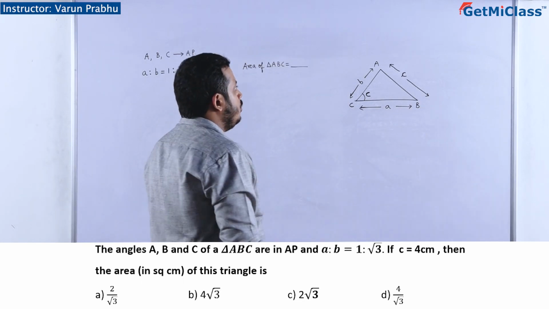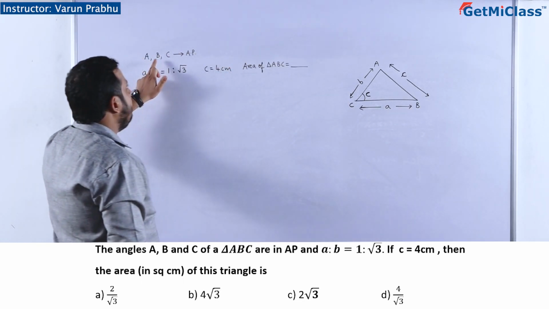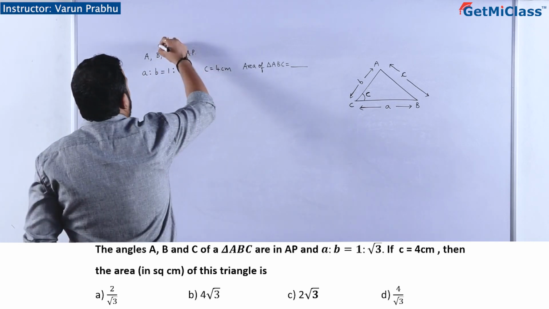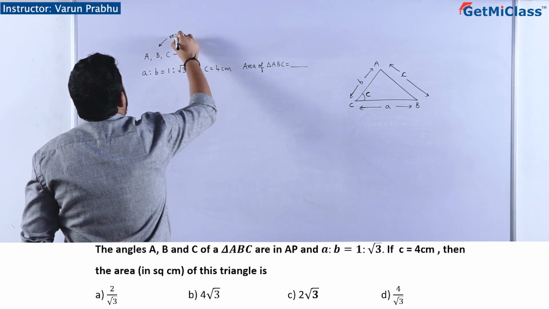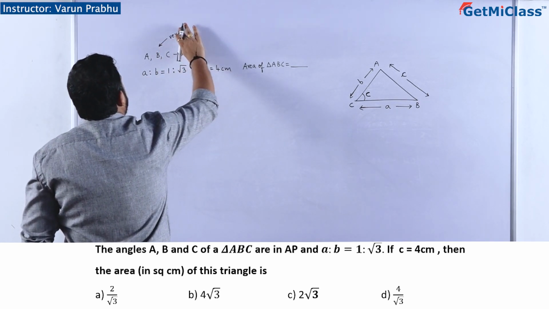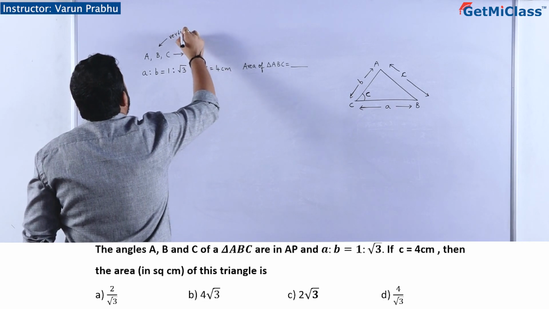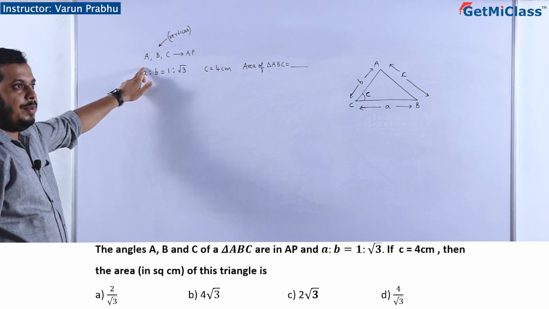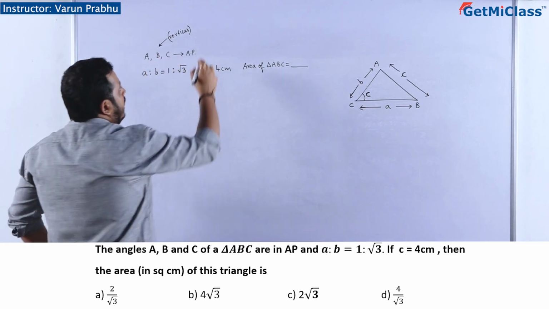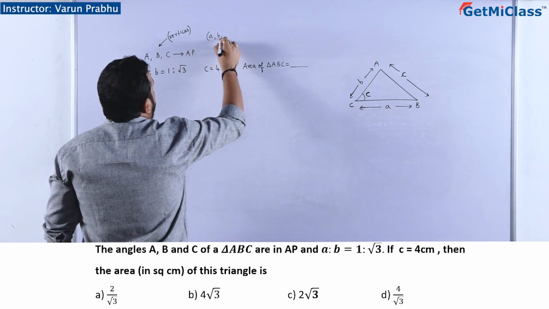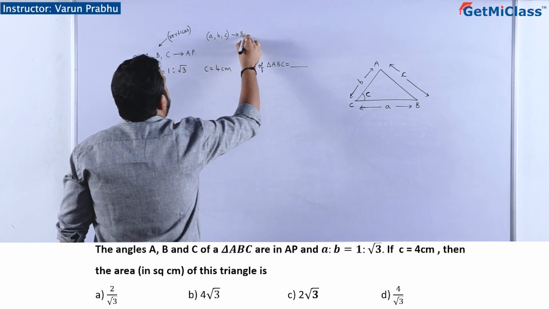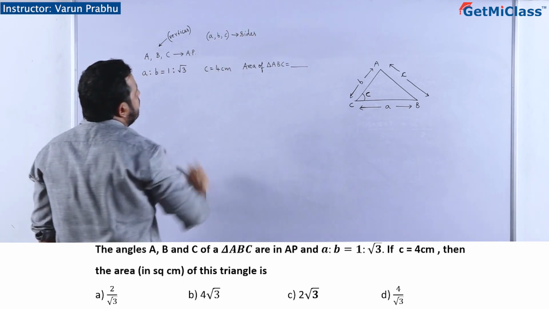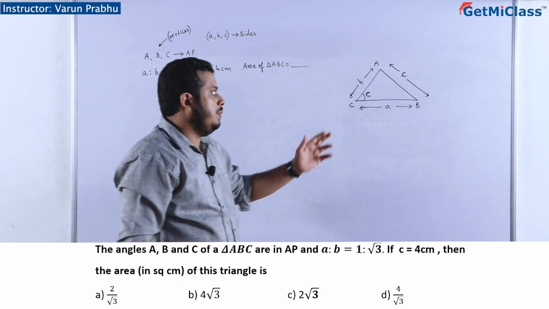Always, capital A, B, C correspond to the vertices. Whenever it is an attribute to a triangle, capital letters are always for vertices and small letters a, b, c are attributes to the sides. This we have seen when we discussed the grade 11 trigonometry topic also.